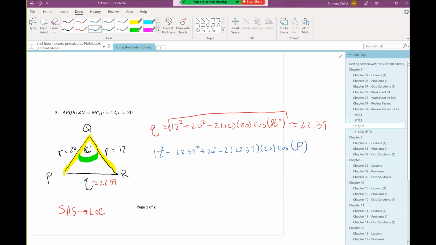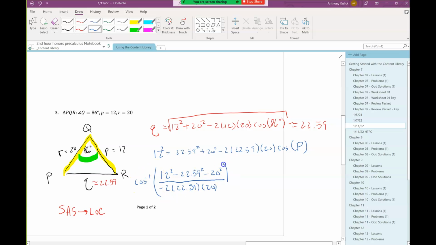To solve for P, I'm going to subtract the 22.59 squared from both sides, and then subtract the 20 squared from both sides. Then I'm going to divide by the negative 2 times 22.59 times 20, and then take the cosine inverse of everything. And that'll give me my P.